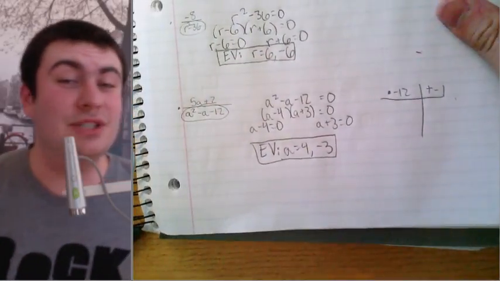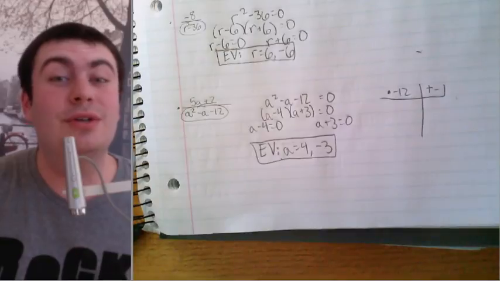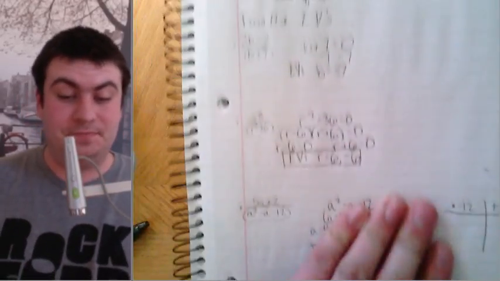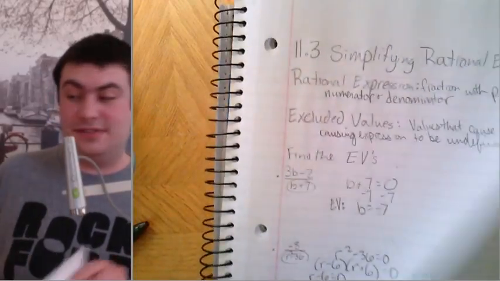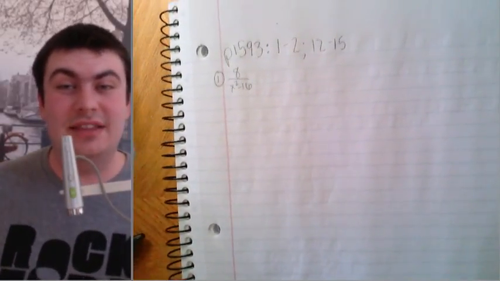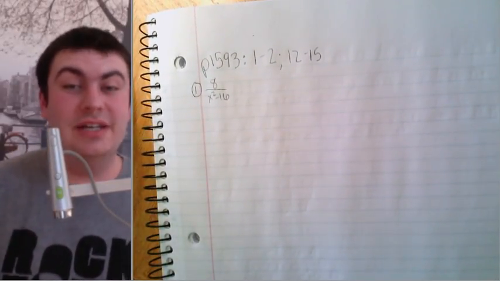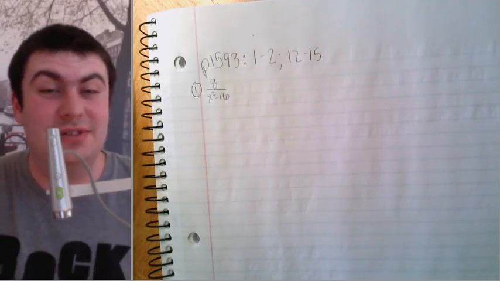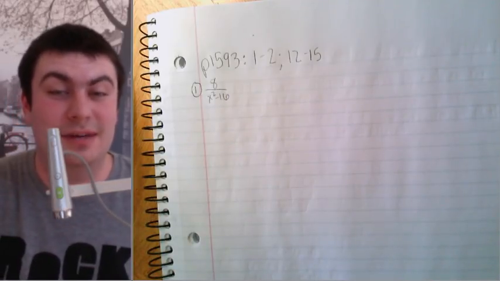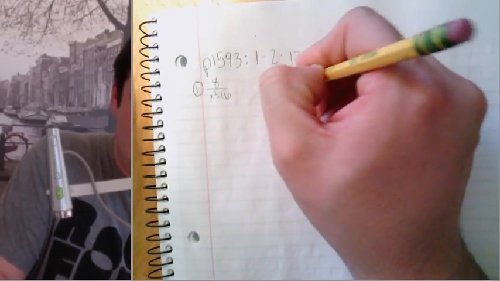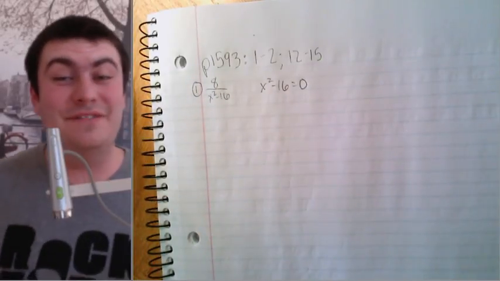So for today, we're just finding our excluded values or solving for when our denominator equals 0. For our practice for tomorrow, we have just a couple examples on page 1593, 1 and 2, and 12 through 15. So for 1, we have to find the excluded values for 8 over x squared minus 16. So we set x squared minus 16 equal to 0. And again, we're using factoring.